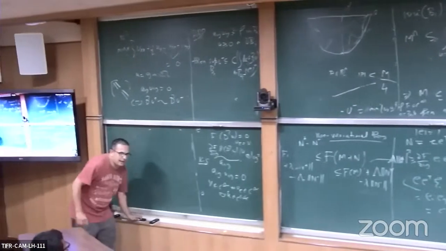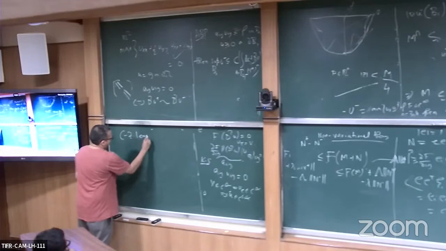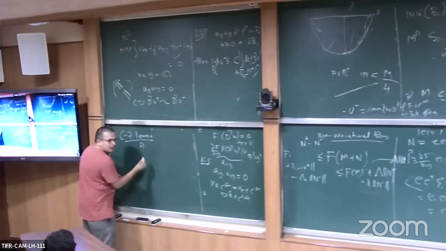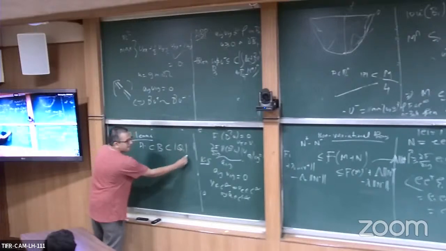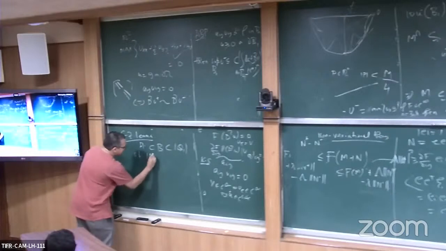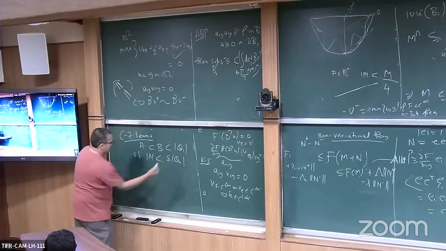So now, how do I apply it? The other ingredient that I need is the Calderon-Zygmund lemma. Suppose I have A and B, two measurable sets contained in Q1, such that the measure of A is less than delta times the measure of Q1.